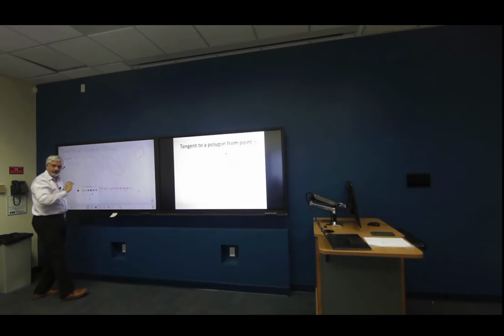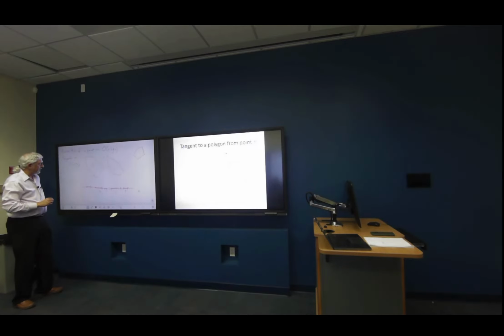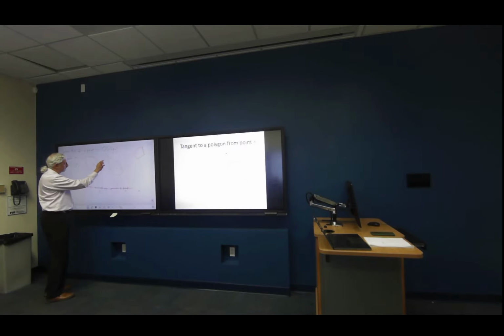This was the ith point, right? I will draw 2 tangents from here. One will go like that, and one will go like that. Fine. And I will draw 2 tangents to this side. One will go like that, and the other will go like that.